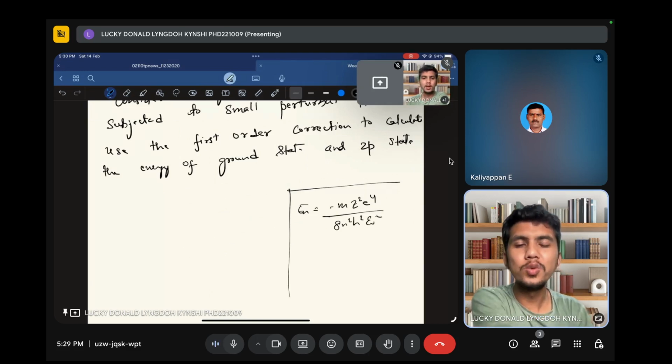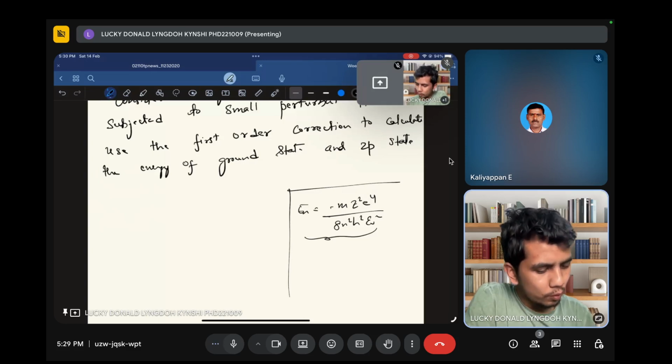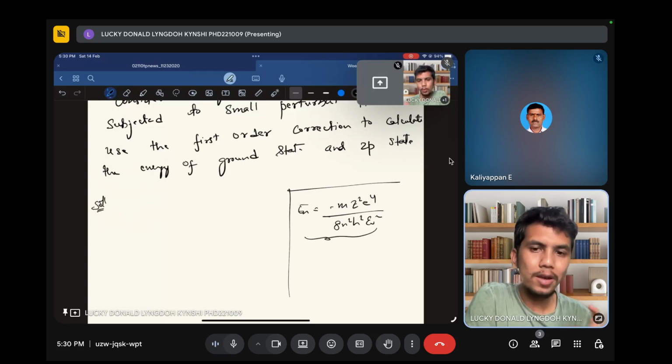This is what we solved in week 2. How do we get the energy of a hydrogen atom? Quantum mechanically it is given differently, but this is what we use from Bohr's theory. If you remember, last class we also talked about the hydrogen atom, but that was without perturbation.